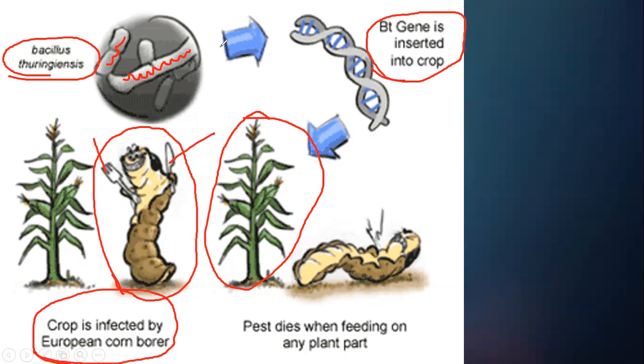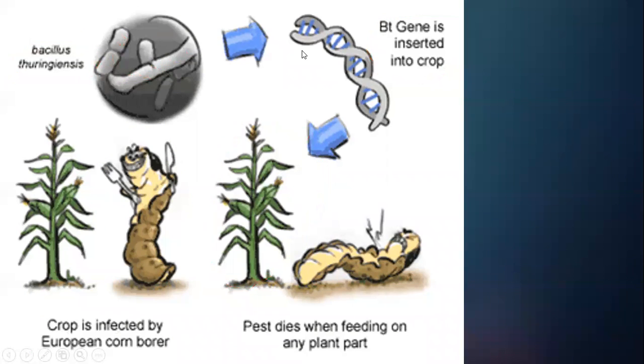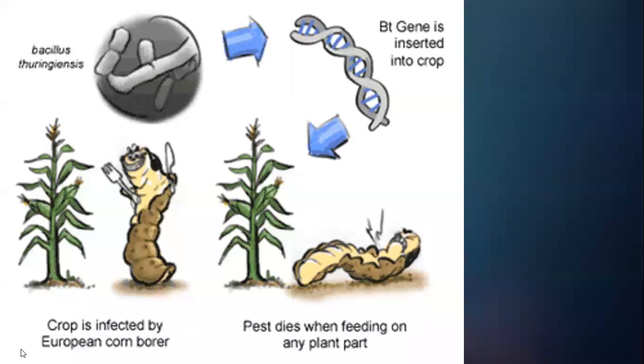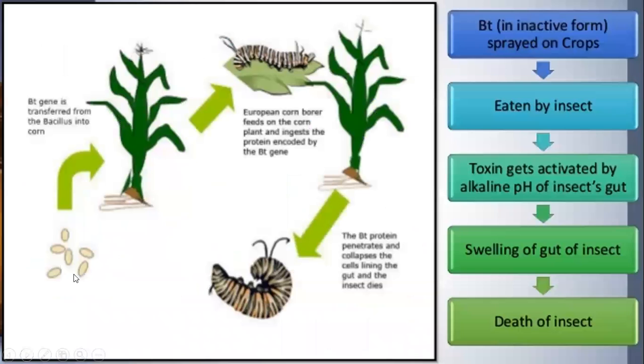But this plant is strongly resistant to all the attacks. It's a very strong plant. So as soon as it eats the leaves of the plant, it will finally result in the death of the pest. Clear? Next one.